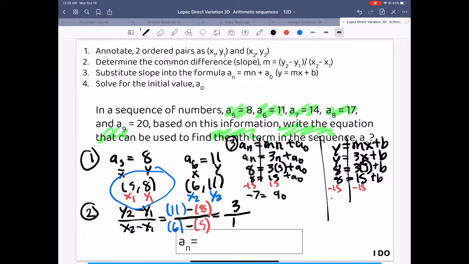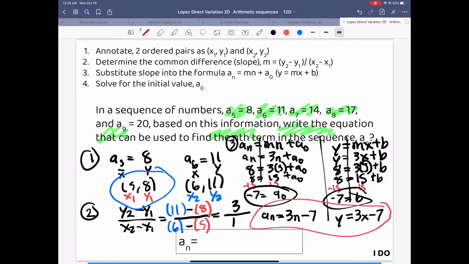Same thing, -7 is equal to b. Now that I know what my b is, or my a sub 0, I'll go back and rewrite it into the equation. A sub n is equal to 3n minus 7, or y equals 3x minus 7. Either or, those are your equations right there.